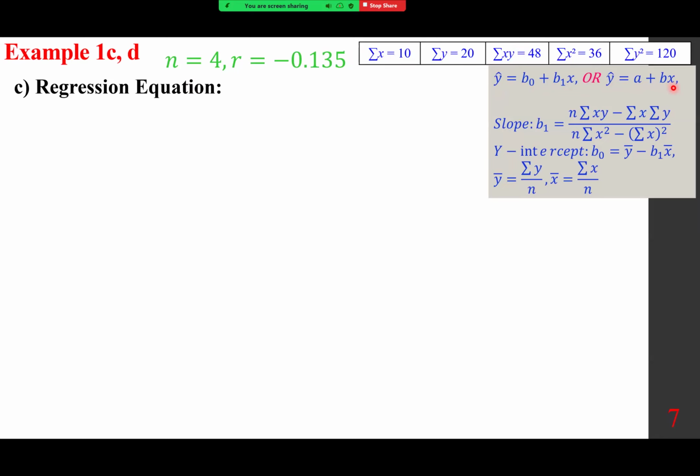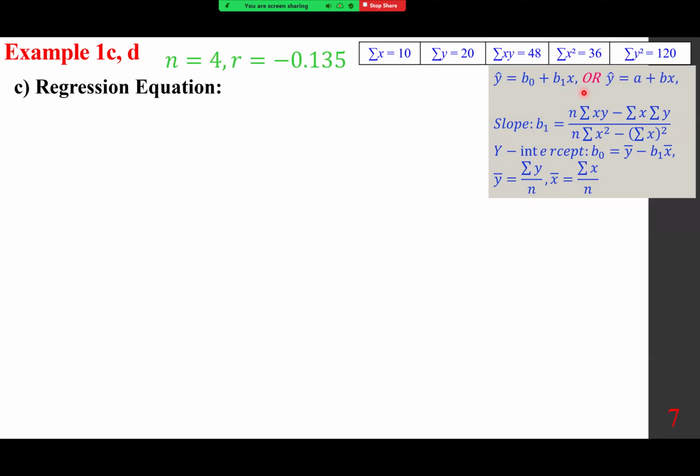And so as far as the calculation for the slope, here's the formula. The y-intercept, here's the formula. Y-bar is very straightforward, add up the y's divided by n, x-bar, the same thing. So according to this, we can calculate b1 with this. And remember, we have all of these calculations. So if I want to calculate b1, I need n, which is 4, times summation of xy.